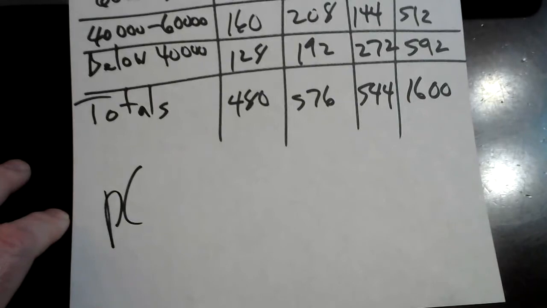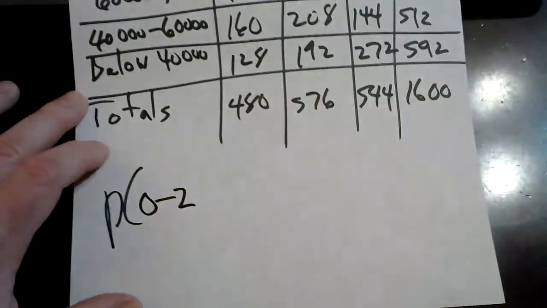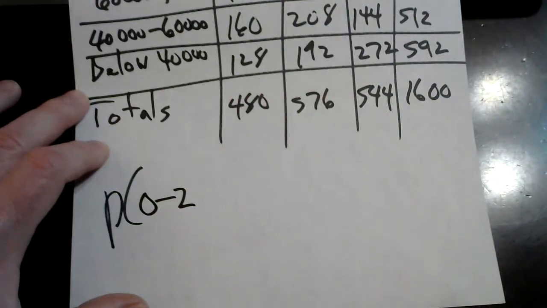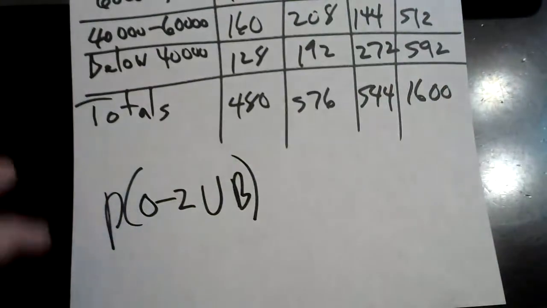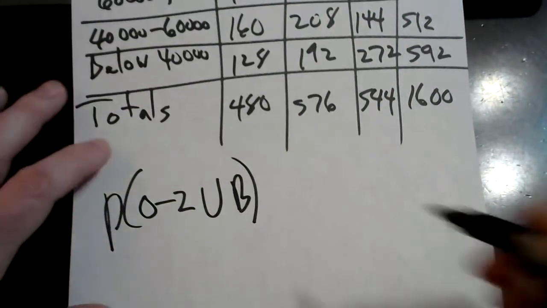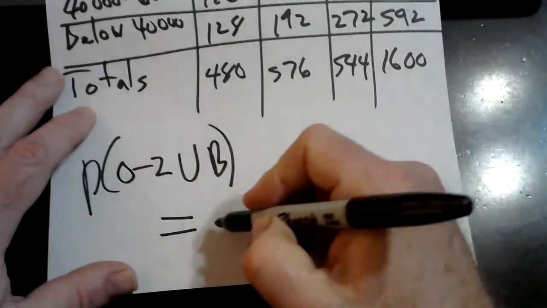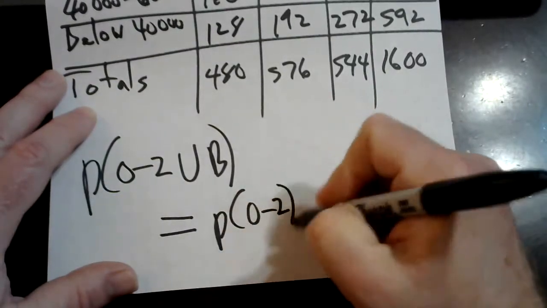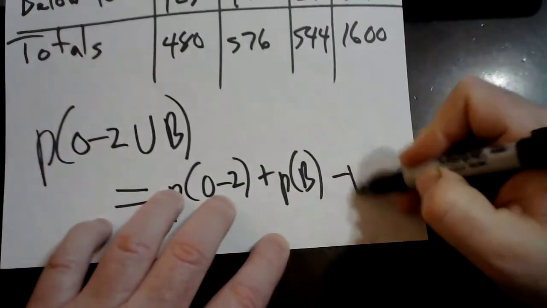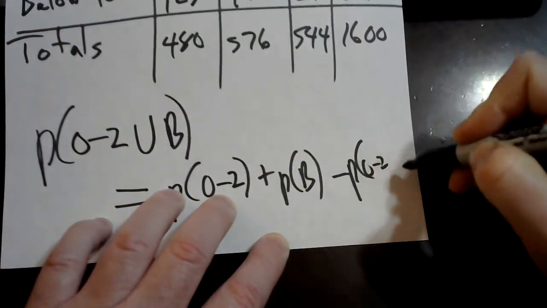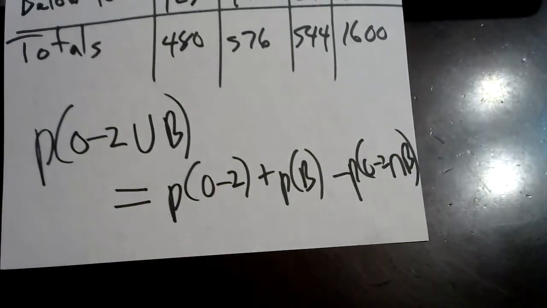So we're looking for the probability they spend between 0 and 2 hours per month shopping on the internet, which I'll call event A, or has an annual income below 40,000, and I'm going to represent that event with a B. So notice that I'm going to use the rule for the probability of the union of two events. It's the probability of the first one plus the probability of the second one minus the probability of the intersection. So the notation there is a little bit awkward, but I think you understand.